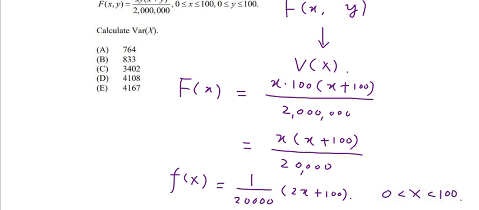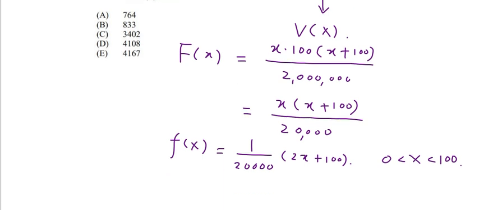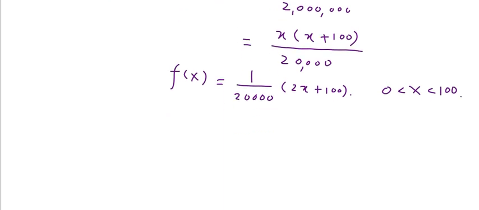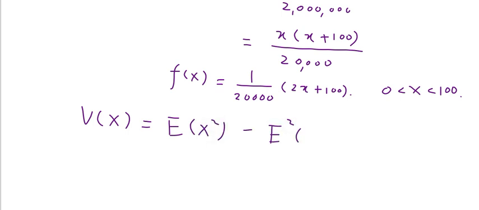So now the problem becomes a regular math problem, right? To find the variance of X, it equals the expectation of X squared minus, and so we just do some integration.